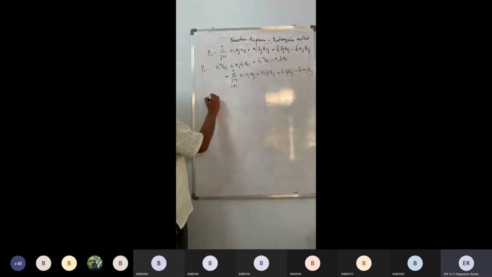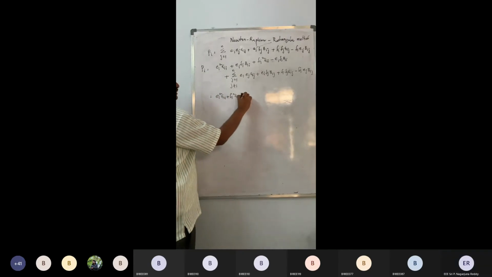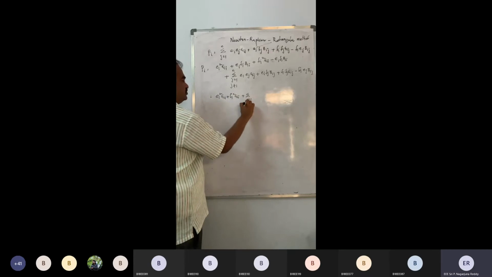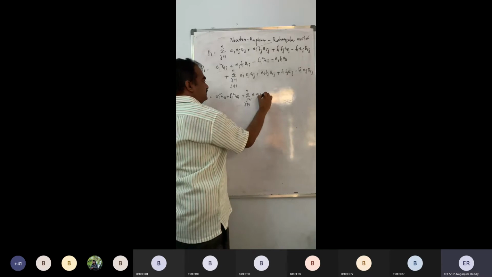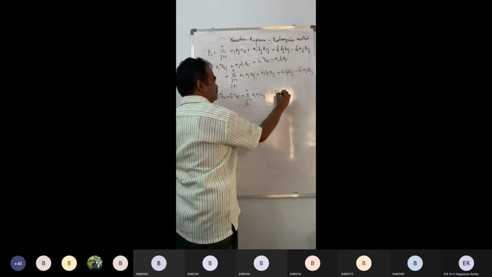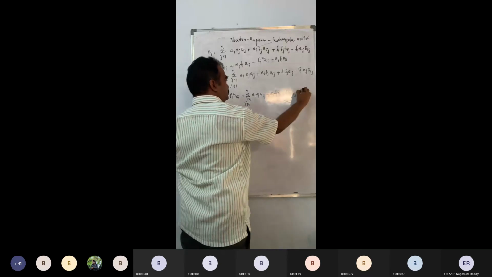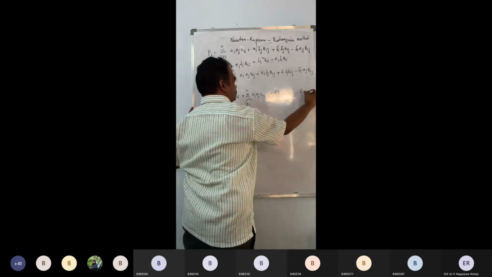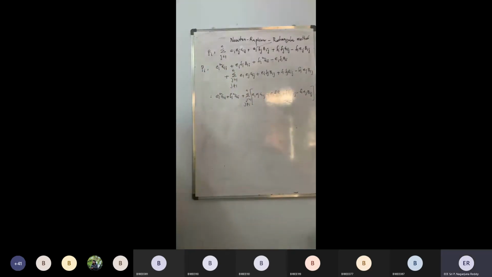So what I will be getting is Ei square Gii plus Fi square Gii plus sigma j is equal to 1, j not equal to i, n, Ei Ej Gij. This is the expression for Pi.